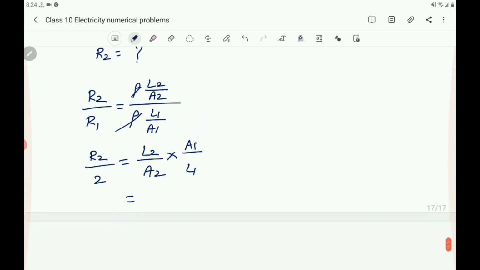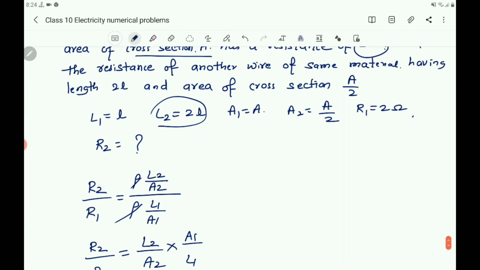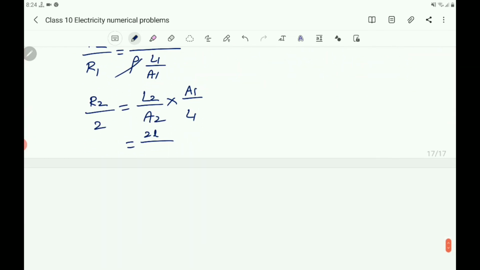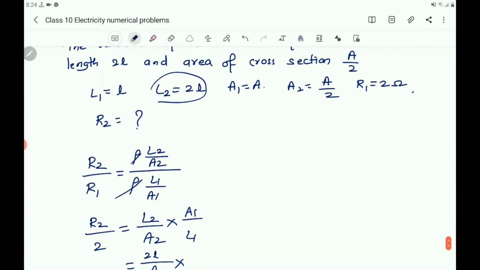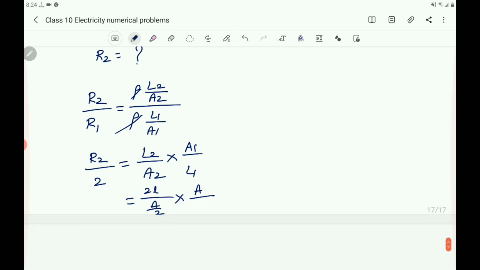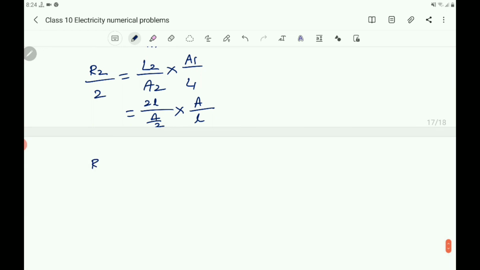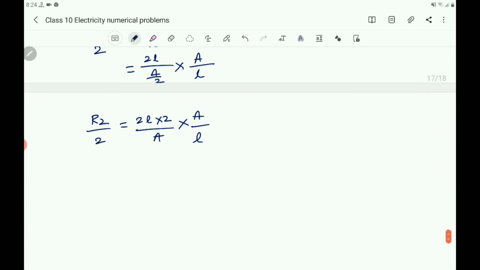Now you write L2 is 2L, A2 is A by 2, into A1 is A and L1 is L, that is R2 by 2 equals 2L into 2 by A into A by L. Then A cancels, L also cancels.